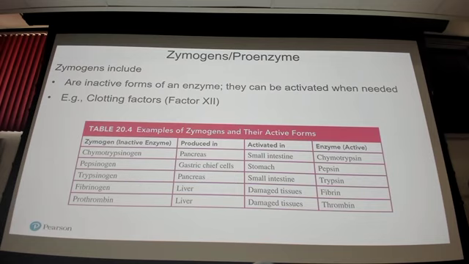And then we're going to talk about fibrinogen and prothrombin when we talk about blood clotting. So typically zymogens, once they are activated, they either require a cofactor to be activated or they work with a coenzyme in order to catalyze a particular reaction. So any questions on what you need to know for this slide? You said the inactive enzyme and the active enzyme? Yes, and not this stuff.